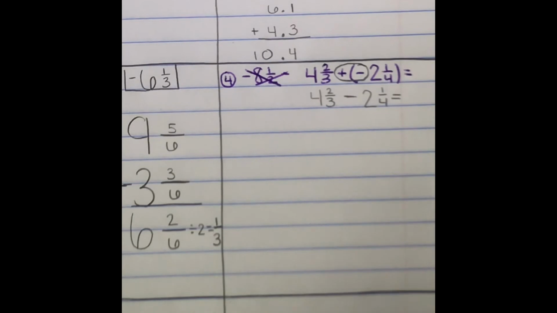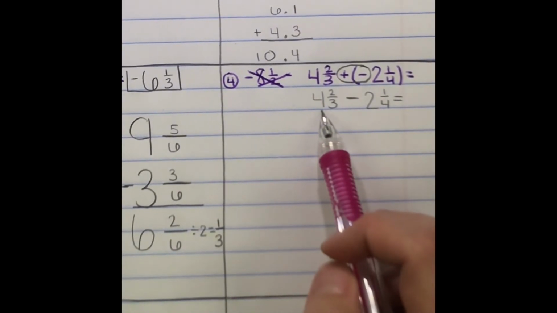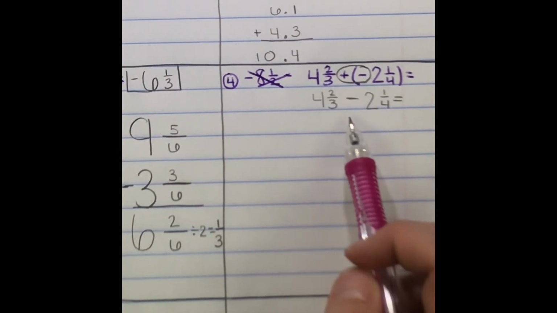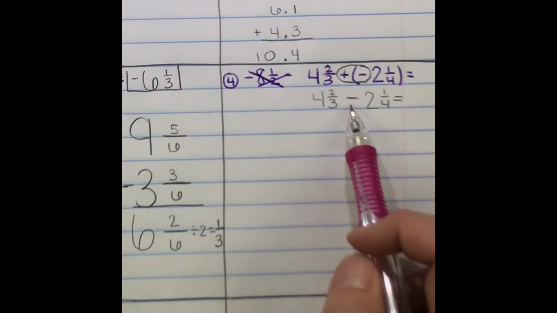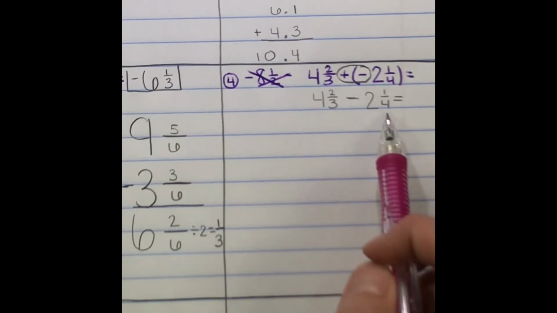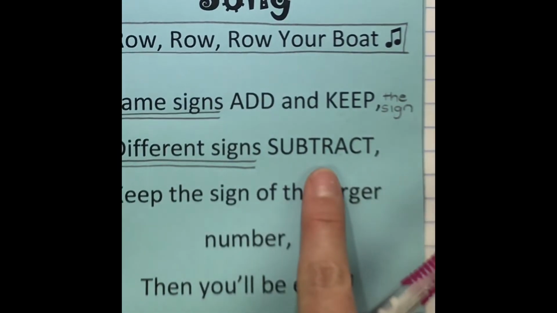Okay, so now I can decide, do these have the same sign or are they different? I'm going to look in front of the 4, there's nothing there. That means it's positive. Look in front of the 2 is a minus sign. That means it's negative. So these are different. This one's positive, this one's negative. If they are different, you are to subtract.